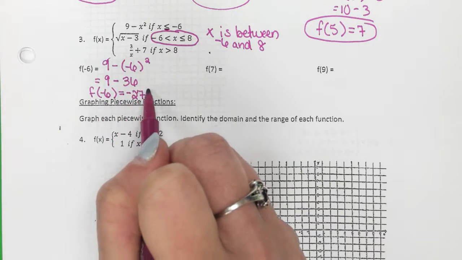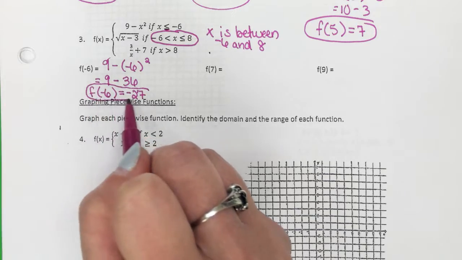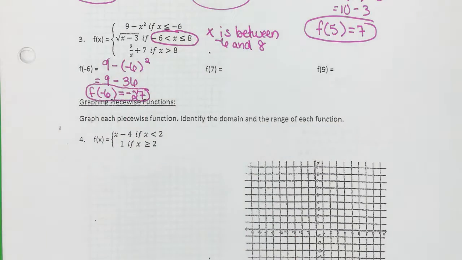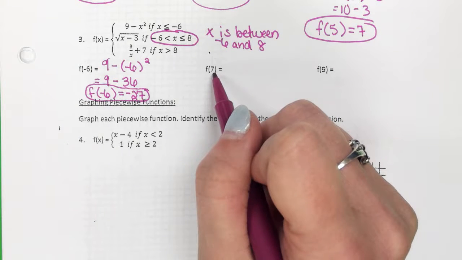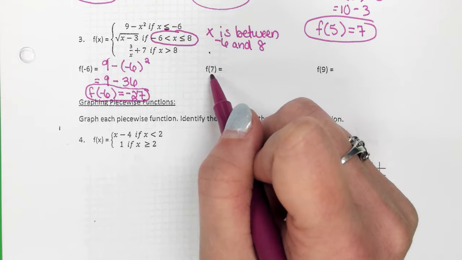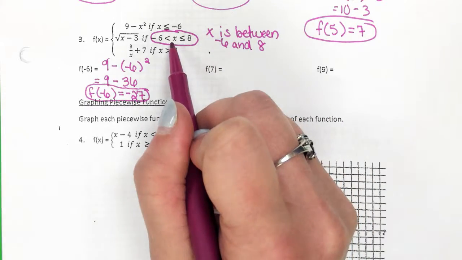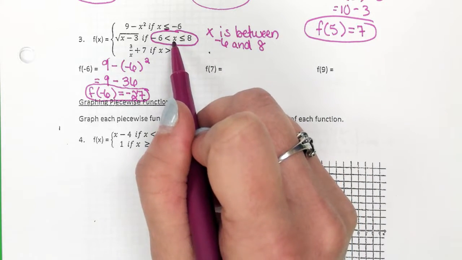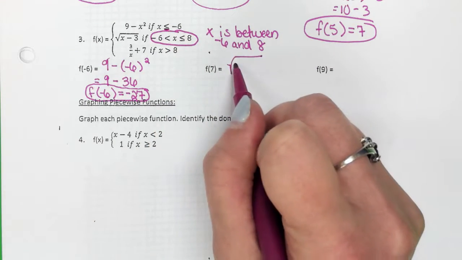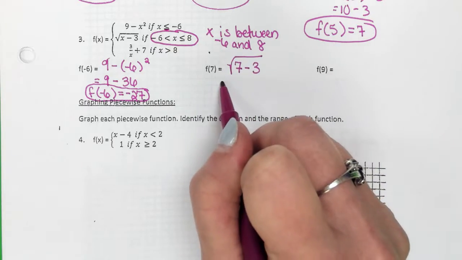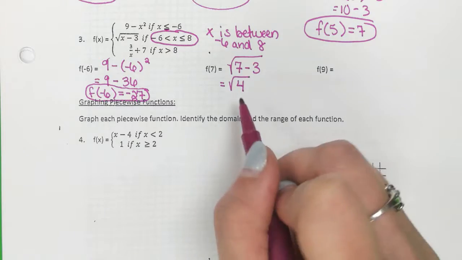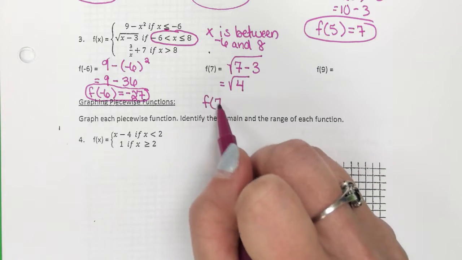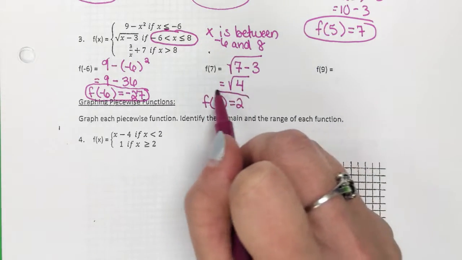And what is that? -27? All right, what about the 7? Where's the 7 go? Very good. And the second one, 7 is between -6 and 8. So it's going to be square root of 7 minus 3, which is the square root of 4. And what's the square root of 4, guys? 2. Perfect.